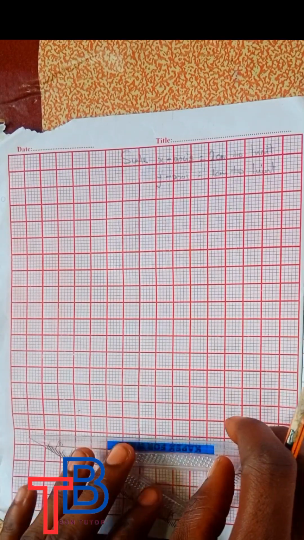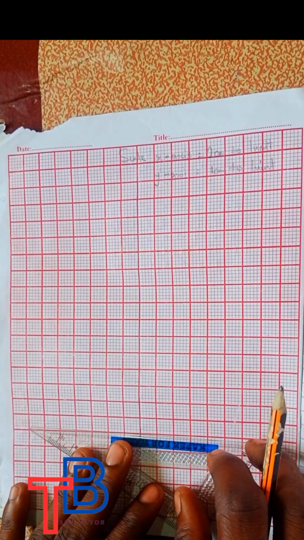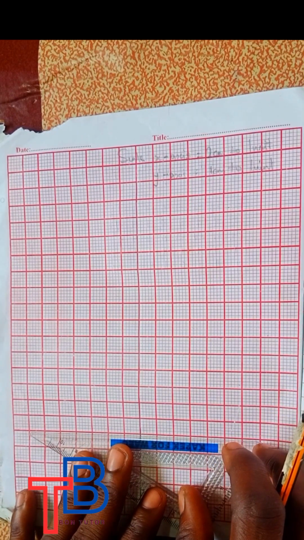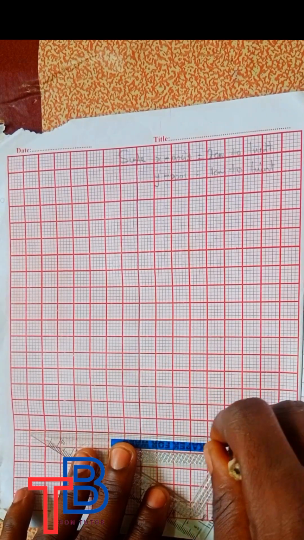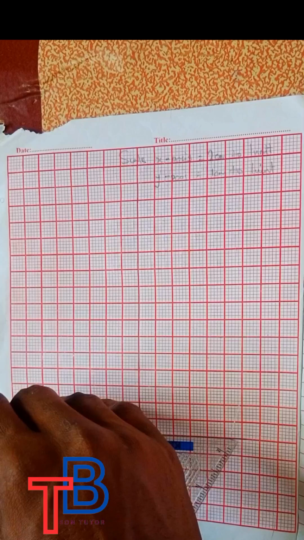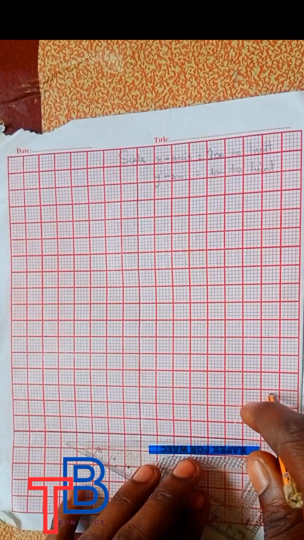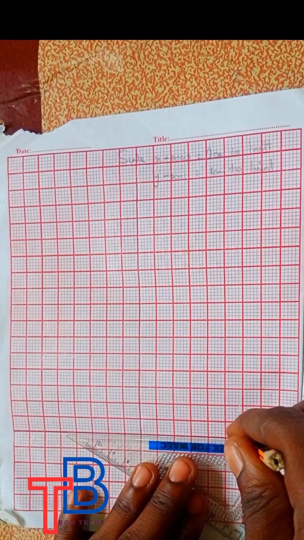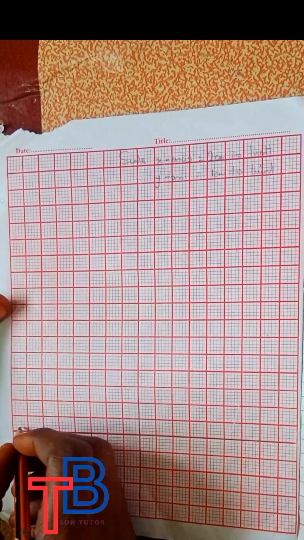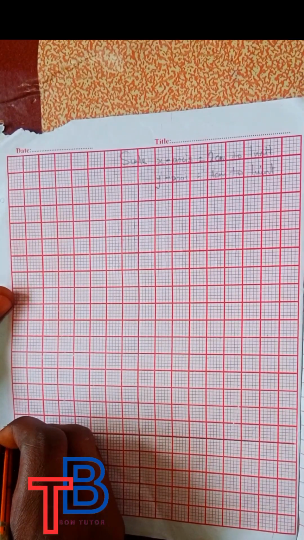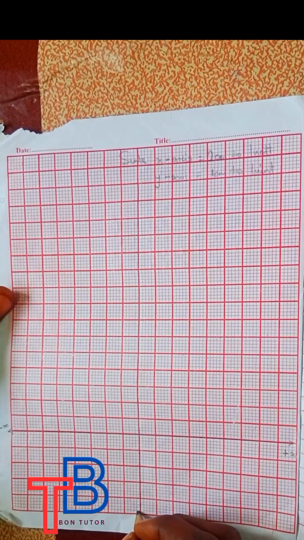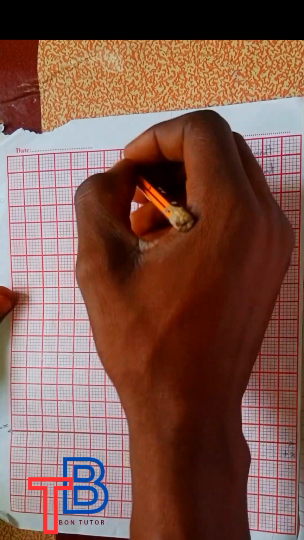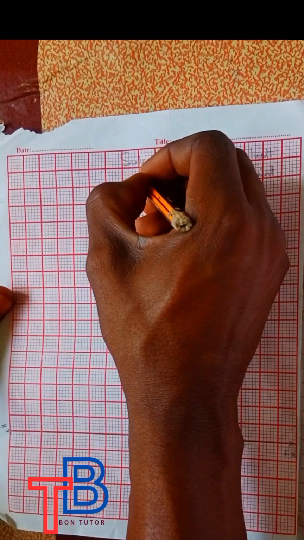I'm going to allow y to come up a little bit so I can have space for the negative values of y. So this will be my graph, whereby here will be my negative x and here will be my positive x. Here will be my negative y and here will be my positive y.